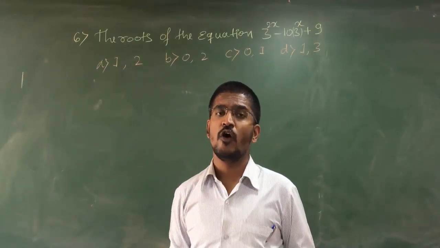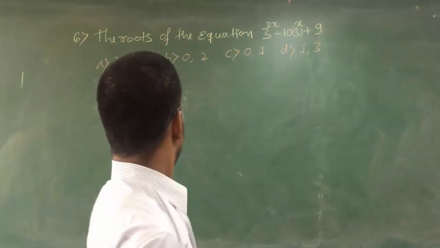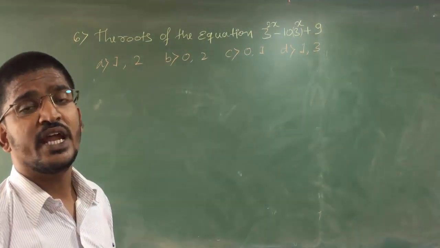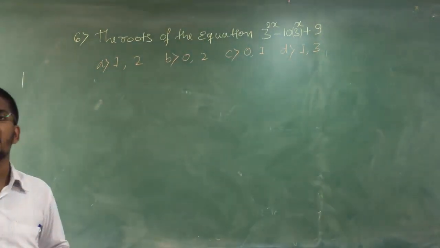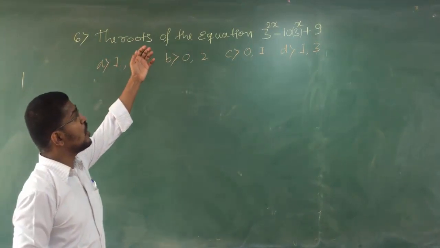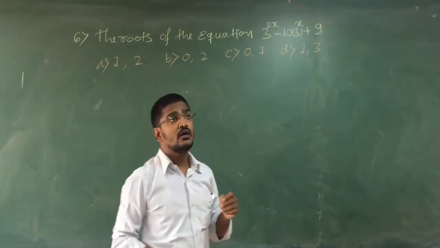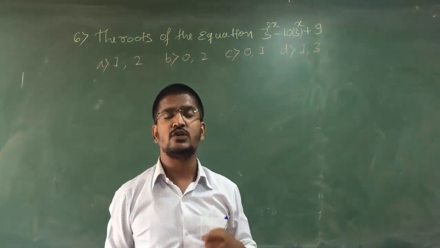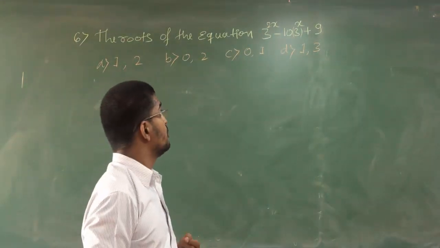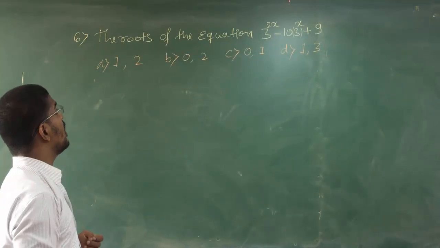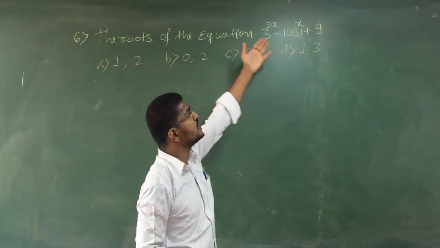Now let us go for problem number 6. Okay students, in this problem number 6, the roots of the equation 3 to the power of 2x minus 10 into 3 to the power of x plus 9, they are asking the roots of this equation.